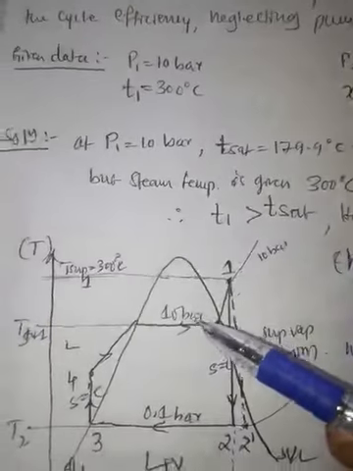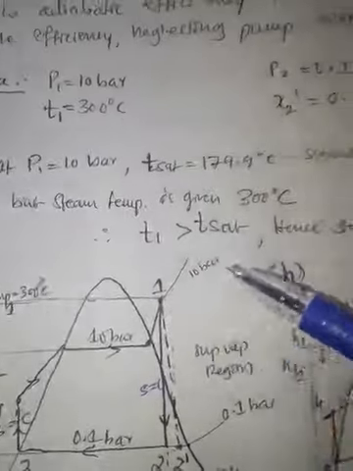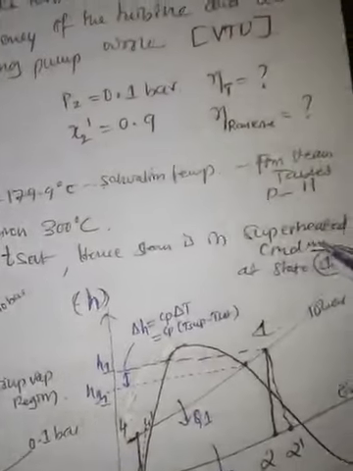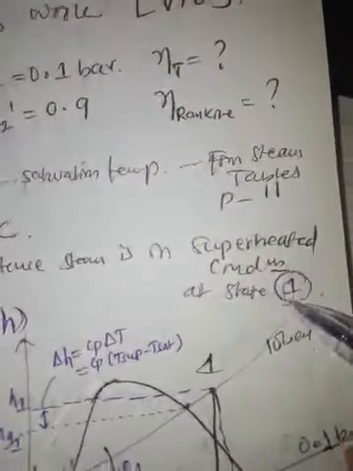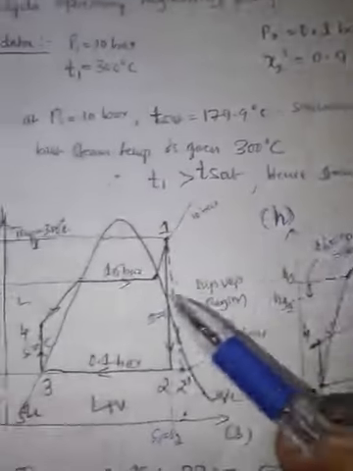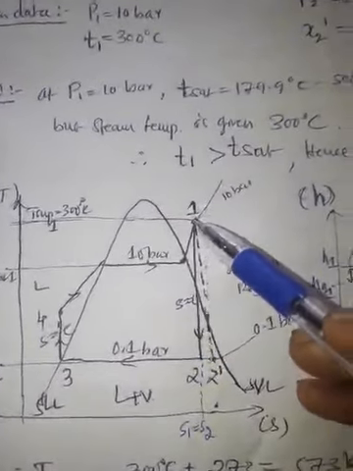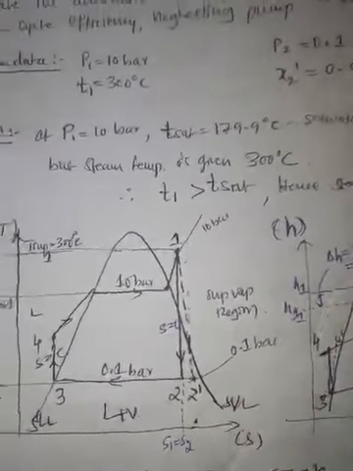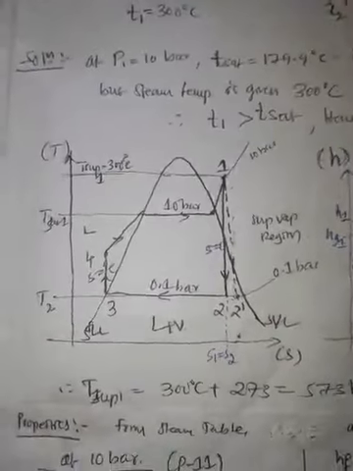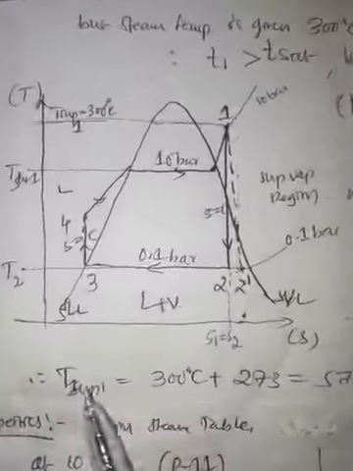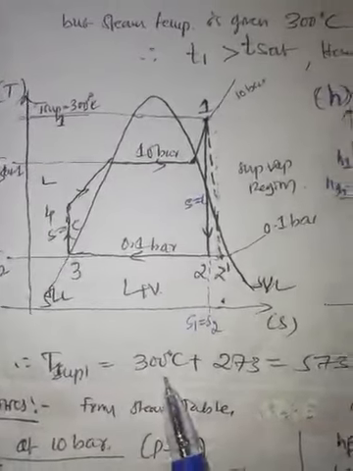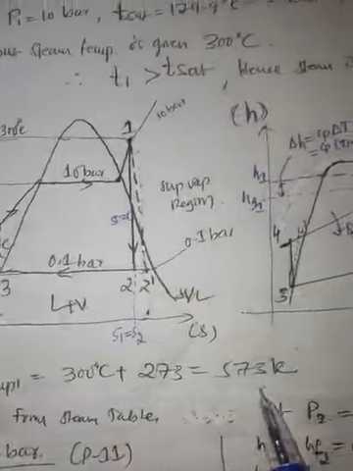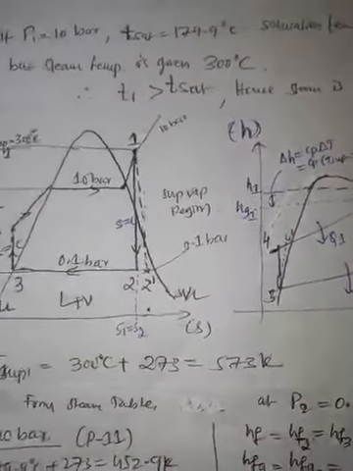If temperature is greater than saturation temperature, the steam must be in superheated condition at state 1. So state 1 on the TS diagram we can mark in the superheated vapor region. After understanding this, let me write T superheat 1 is equal to 300 degrees Celsius plus 273 is equal to 573 Kelvin.